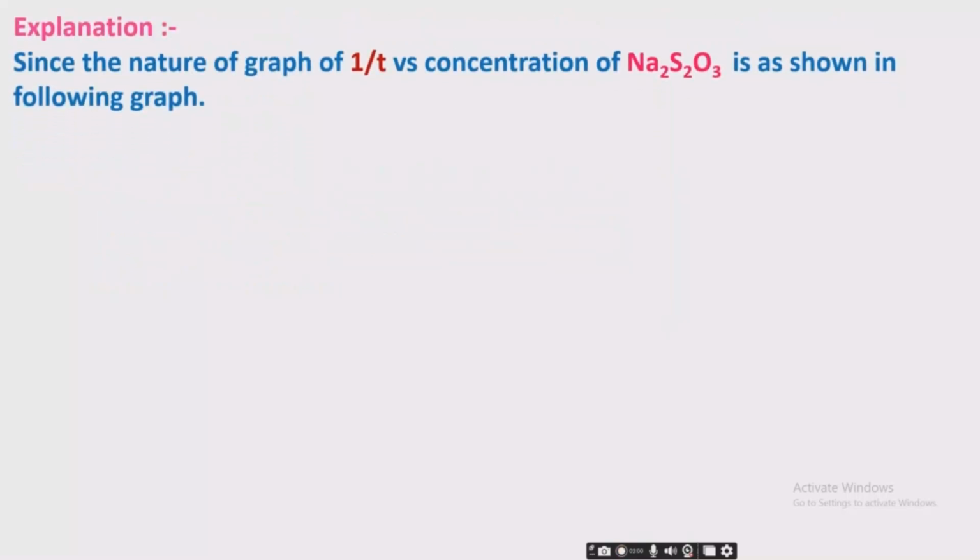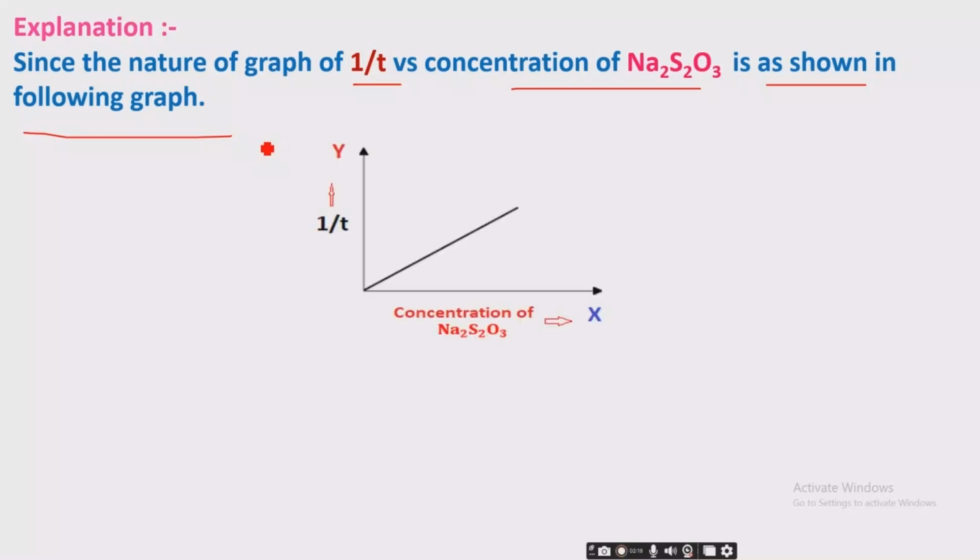Since the nature of graph of 1 by T versus concentration of sodium thiosulfate is shown in the following graph, first we have to look at it, and the graph looks like this.